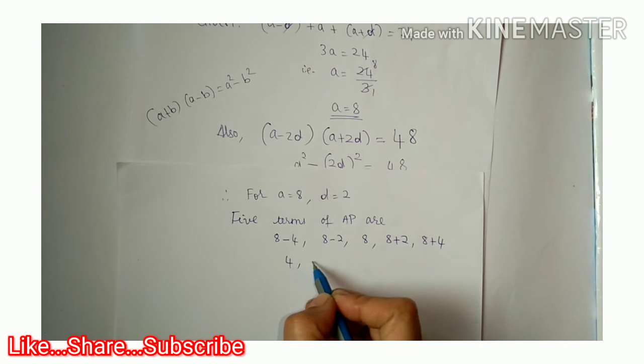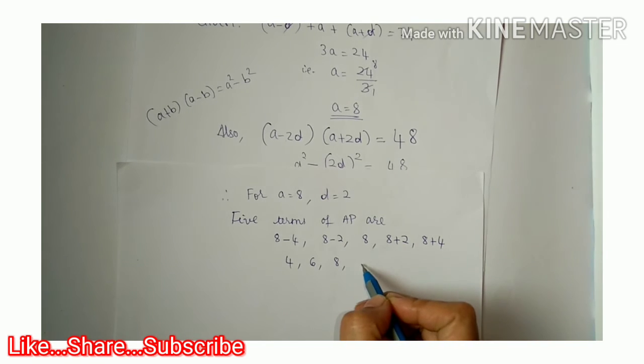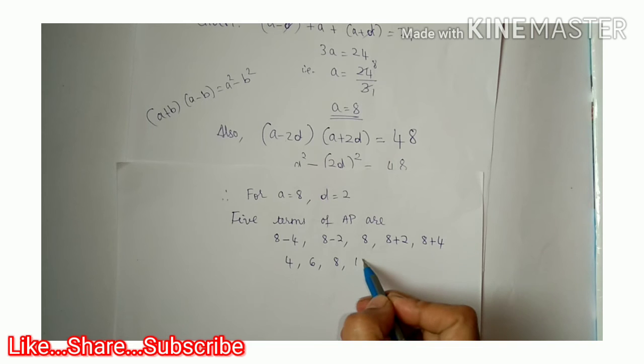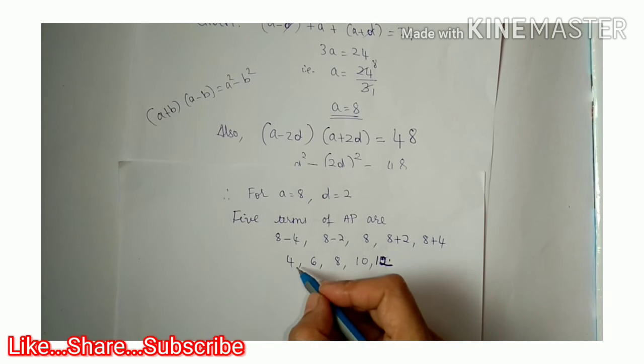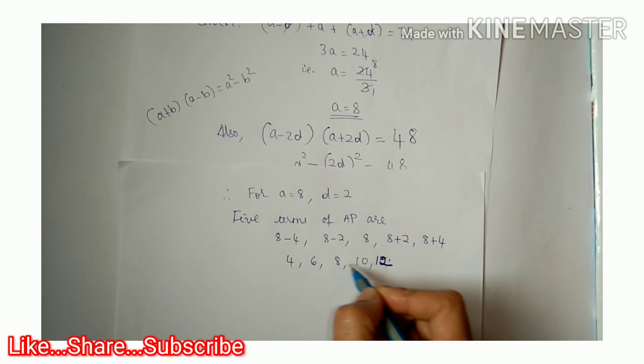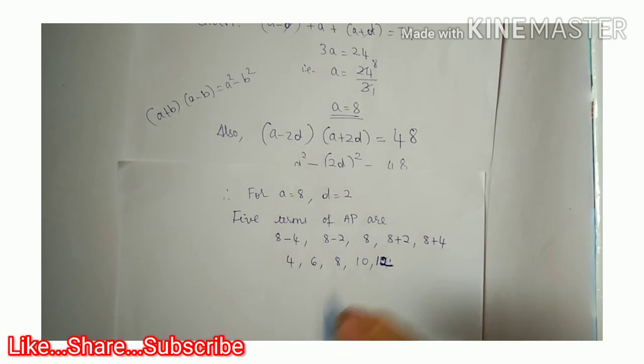That is 8 minus 4, 4; 8 minus 2, 6; 8; 8 plus 2, 10; 8 plus 4, 12. Therefore, the terms are 4, 6, 8, 10, 12.